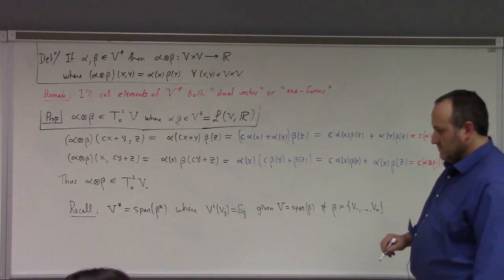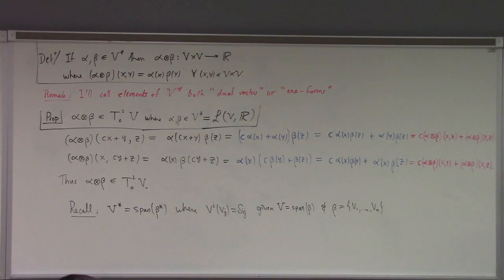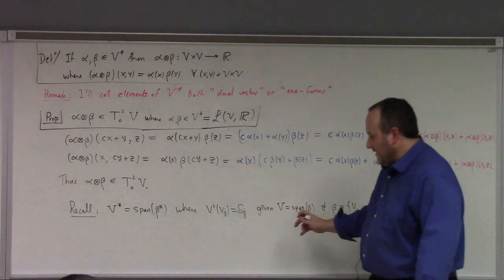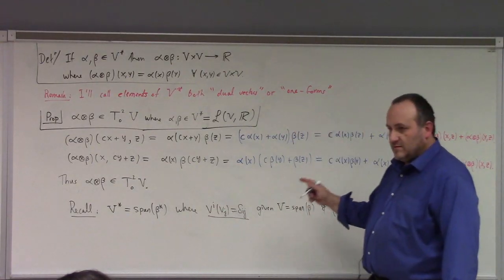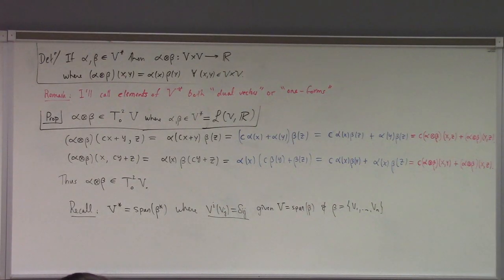So last time we proved that the dual basis is a basis for the dual space, and simply obtained by extending these rules linearly. I explained to you guys that these are the component functions of the coordinate map, right?